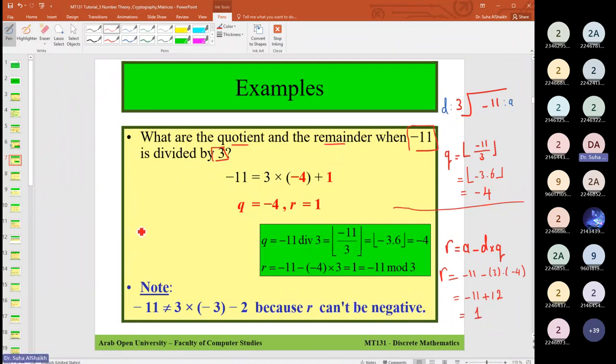So what is -11 div 3? It's the Q, equal to -4. And what is -11 mod 3? It is the R, equal to 1. Is it clear?